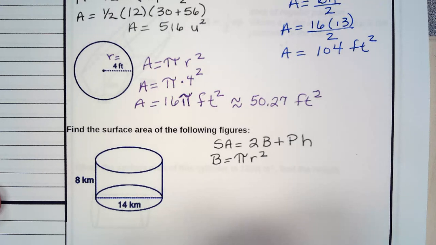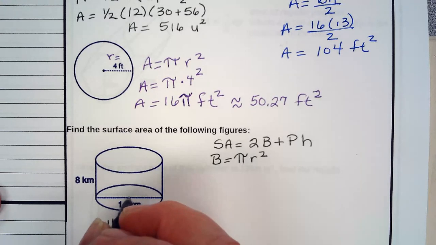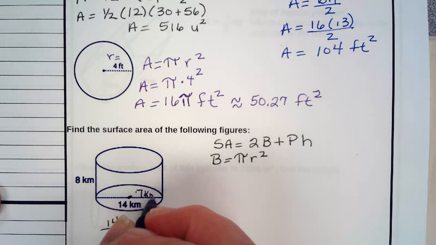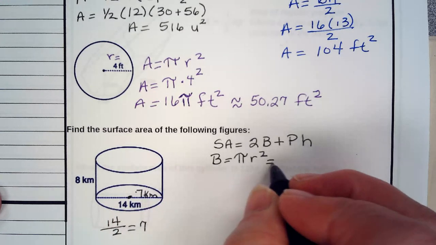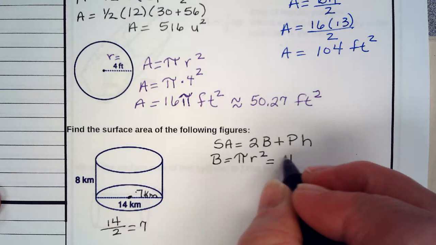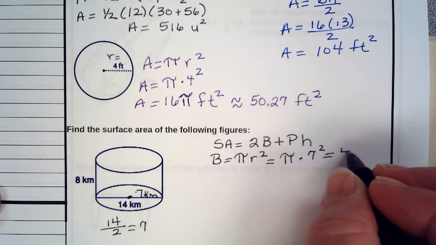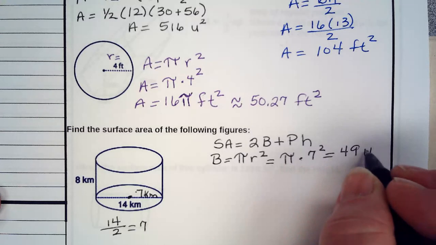What is the difference between the diameter and the radius? Well, the diameter is twice as big. 14 divided by 2 gives me 7. So this is pi times 7 squared, which is 49 pi.